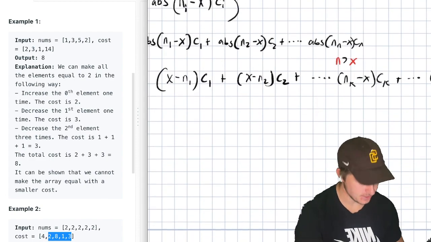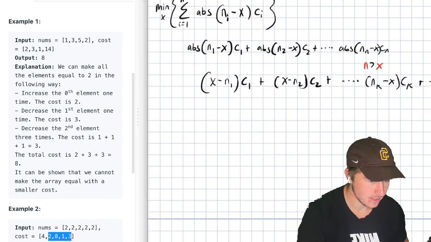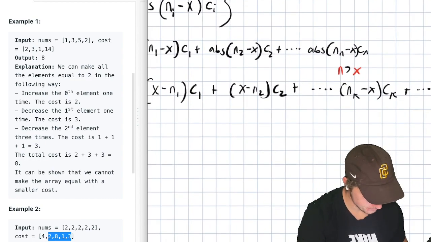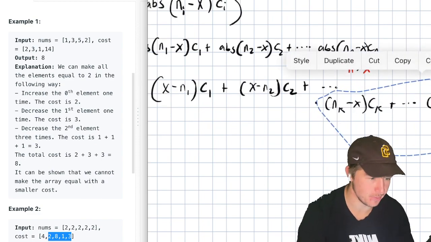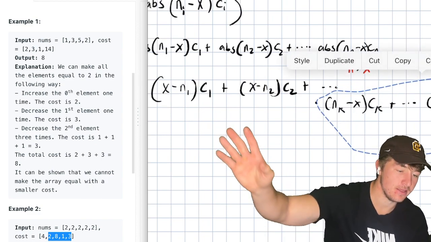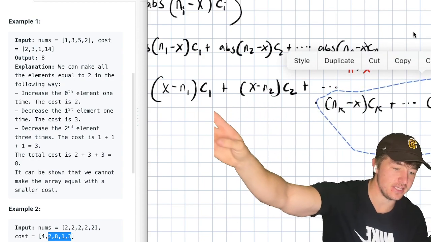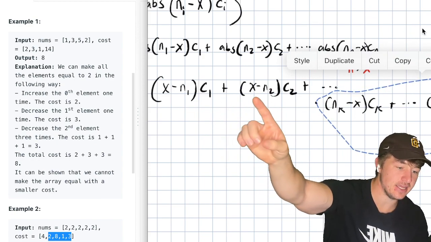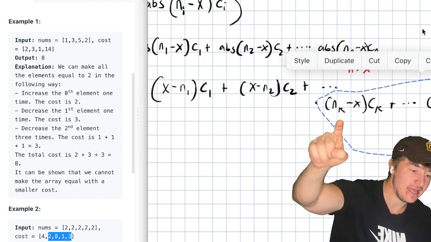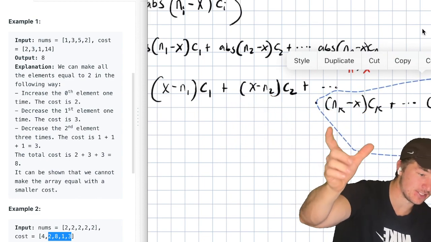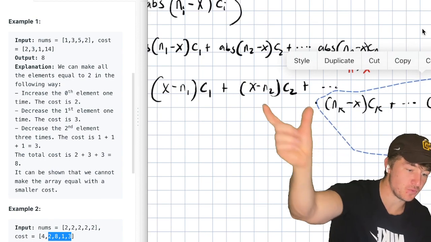So what I'm basically trying to articulate here is that at some point there's going to be a switch. There are these values in the beginning where n has to increment to get to x, but here n has to decrement to get to x. So the difference is positive this way and positive this way.